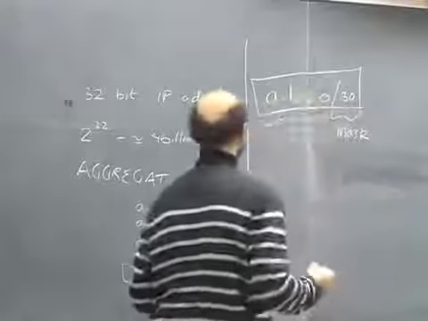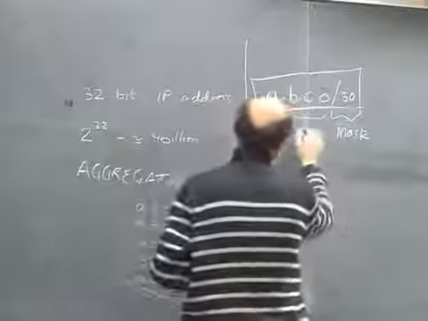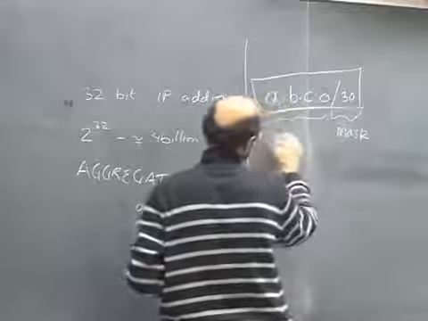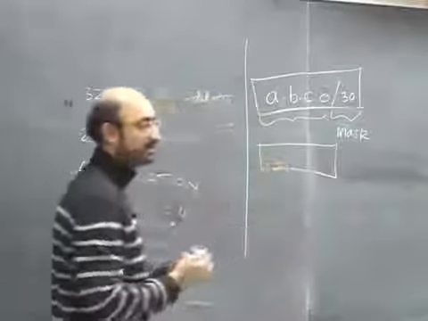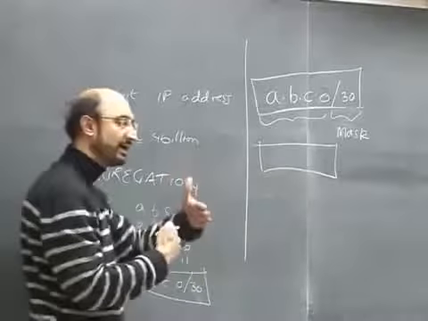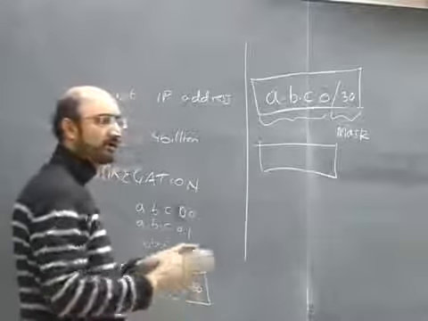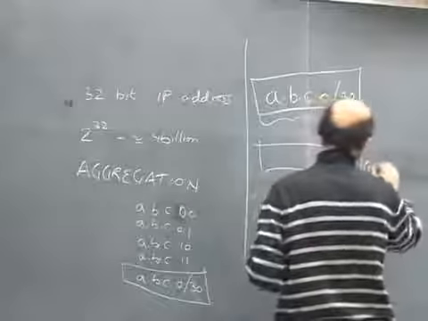The length of the mask is 30, so we have 30 bits that we're looking at, and everything else we are going to ignore. So the last 2 bits, 32 minus 30, we ignore.